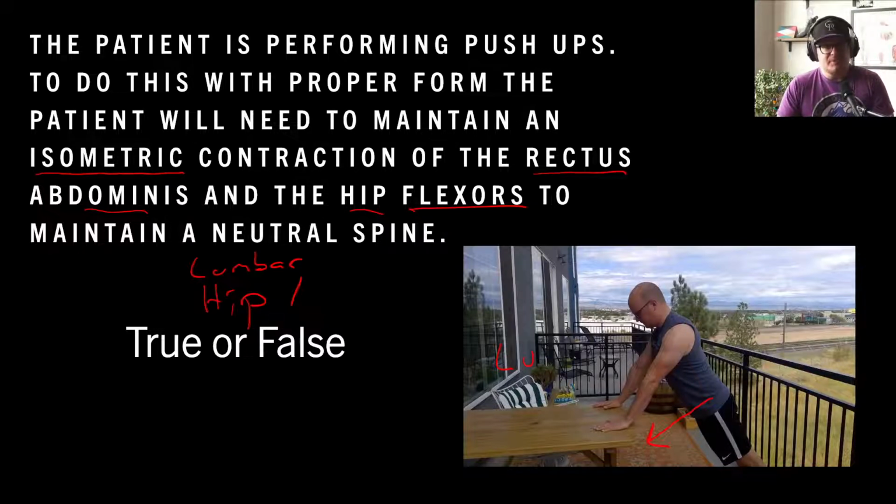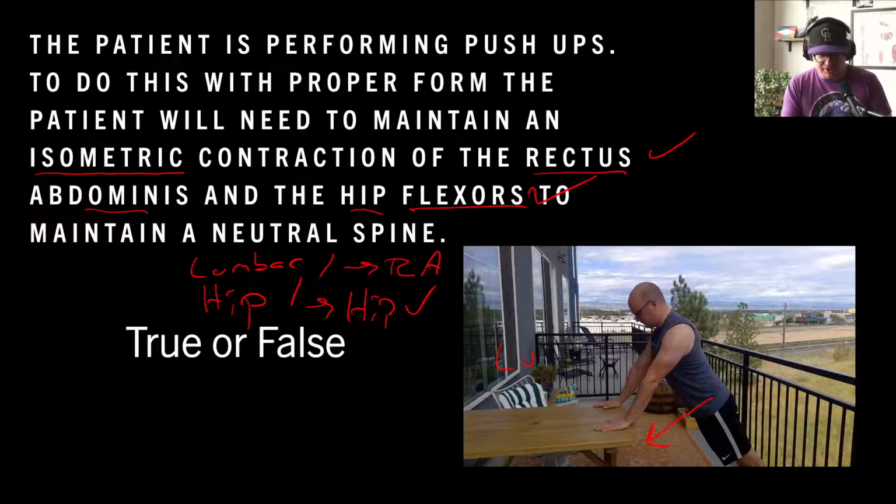So when you think of the failure, think about, okay, what muscles do I have to contract to get out of that? If my lumbar spine is hyperextended, what muscle flexes the spine? Rectus abdominis. And if I'm stuck in hip extension, what muscle is going to get me out of hip extension? Hip flexors. So is the rectus abdominis a lumbar flexor? Yes, true. Would the hip flexors get me out of extension? True.